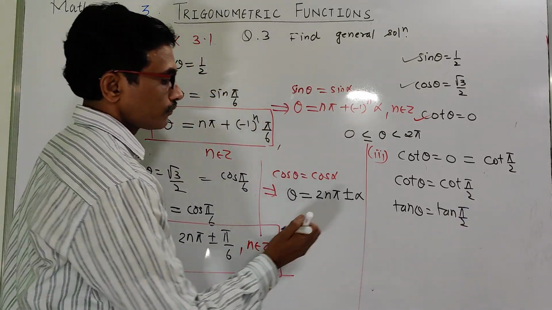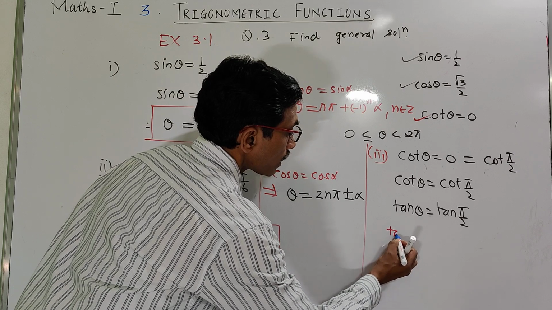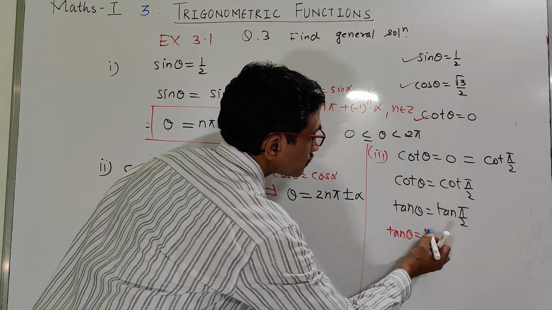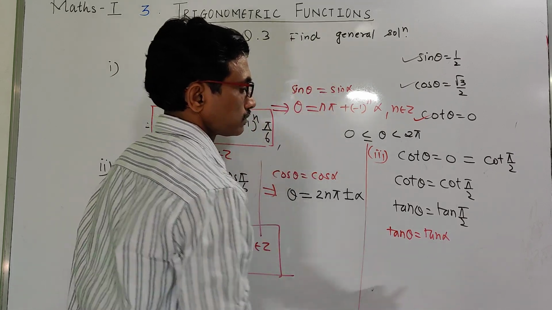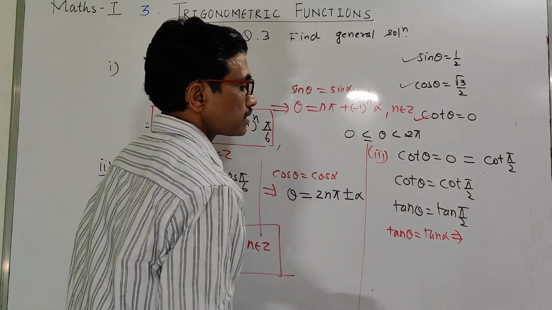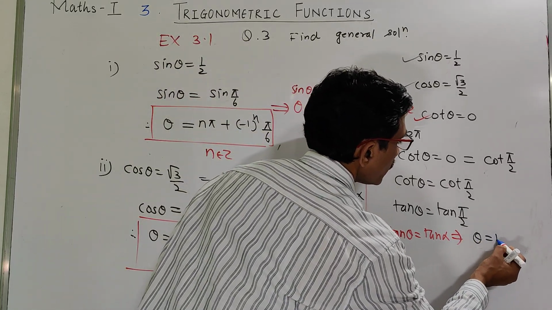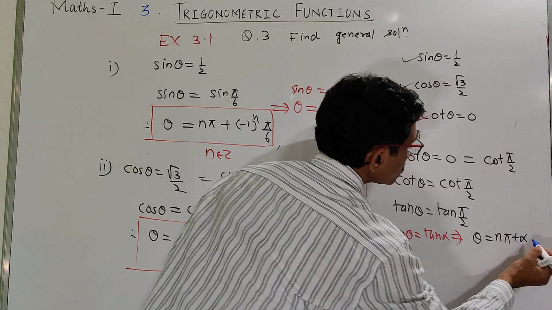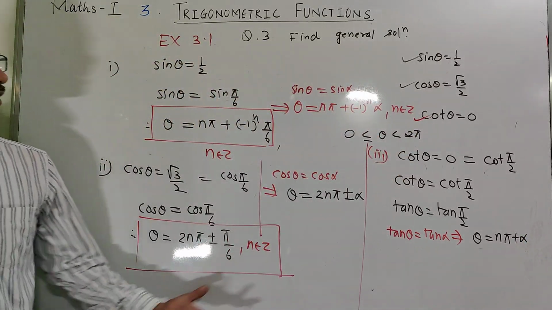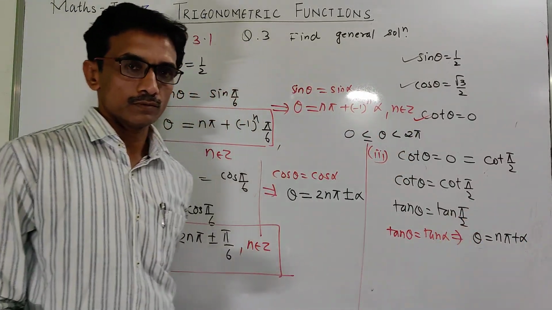Now as we know, tan theta is equal to tan alpha implies theta is equal to n pi plus alpha. What is alpha over here? Pi by 2.